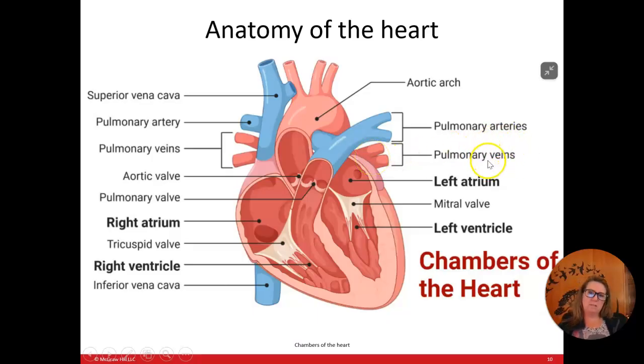So we have to think about the direction that the blood is moving before we call it an artery or vein. The blue and red, more or less, gives us an idea if it's an artery or vein, but also they tell us that oxygenated blood is going to have a brighter red appearance. The blood in veins is certainly red, it's just not nearly as bright as the blood in the artery.